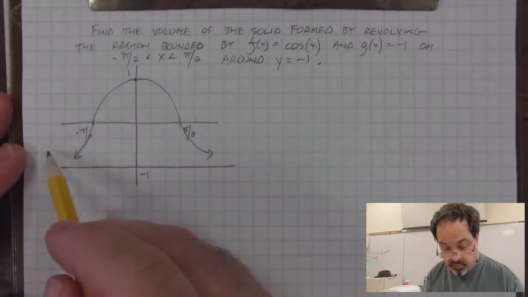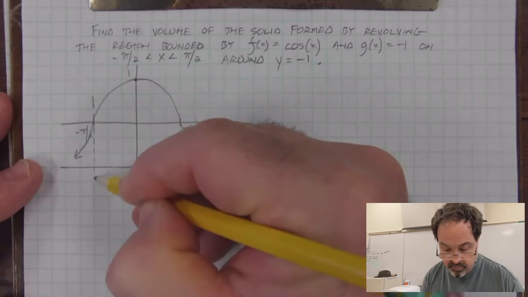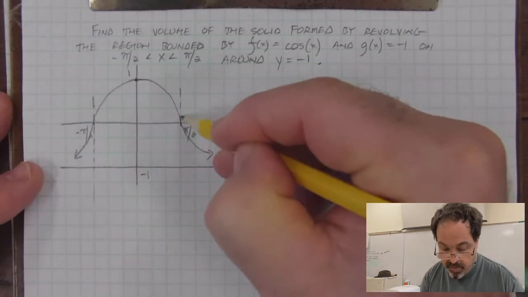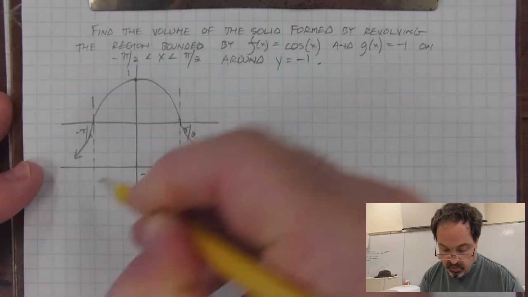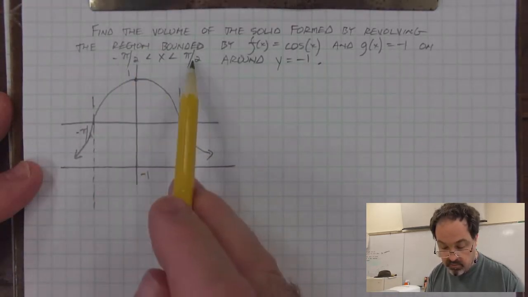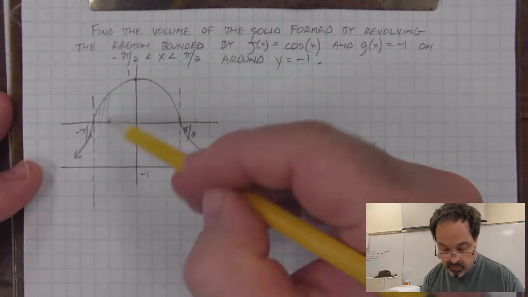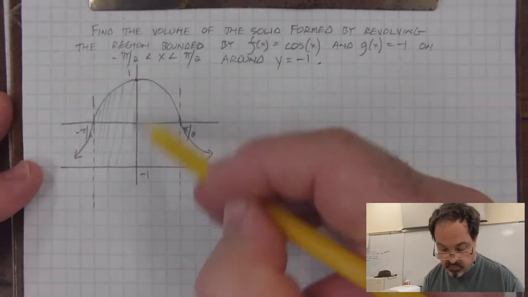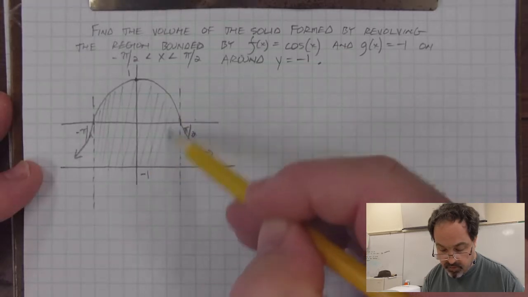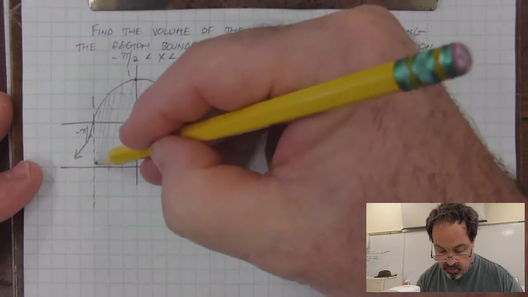But I'm not going to show those intersections. I'm going to place dotted lines to show the boundaries of the region given by this interval. What I care about is only the space in between these functions from negative pi over 2 to pi over 2, which I've shaded here.